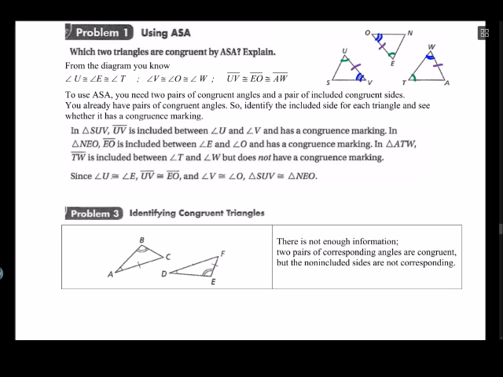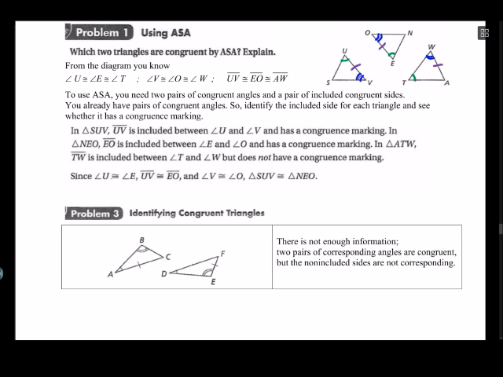So they all three have a purple side. So now we have two congruent angles and a congruent side, but are all three of these triangles congruent? Don't forget, order matters, and angle, side, angle says you must use the included side.